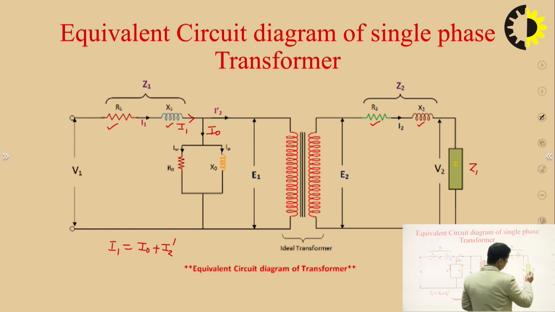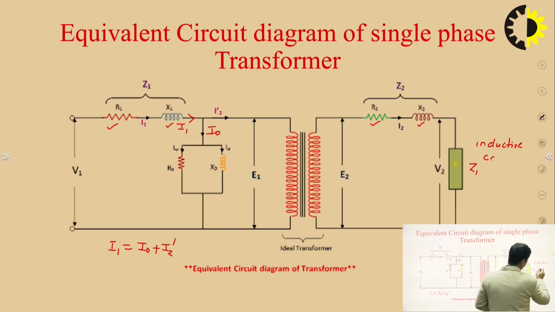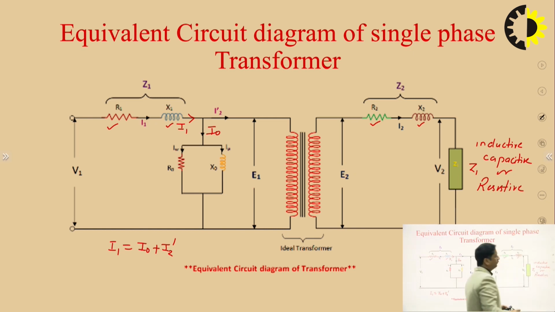So next, when we draw the phasor diagram, we have to assume that the load on a transformer could be inductive, or capacitive, or pure resistive. So depending upon whether the load is inductive, capacitive or resistive, the power factor of the transformer has to be decided.